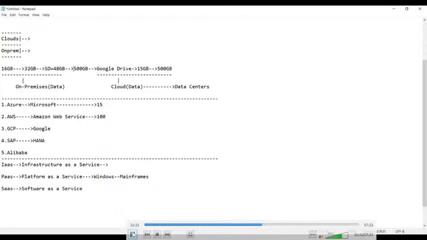Now the next one, suppose you require to store the data. Same as I told you in the example, I have some 48 GB of data now, and now I wanted to extend it to 500 TiB, that means terabyte, or PiB, that is petabyte. 500 petabyte data I want to store.